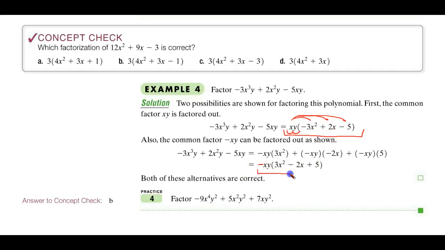Again, this may be a technique that we're going to use every once in a while, where we want to change the signs. So instead of taking out a positive 1, which we're doing in a sense there, we take out a negative 1 from each term. That changes all the signs.